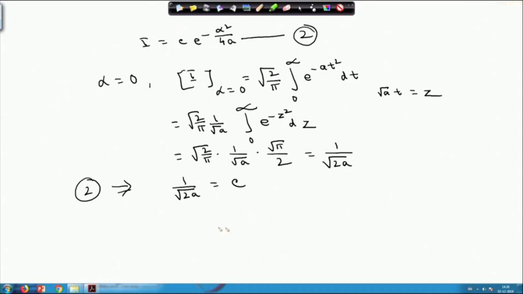So that you are obtaining I, which is nothing but the Fourier cosine transform of e power minus a t square, equals 1 by root over twice a e power minus alpha square by 4a. This is the required result.